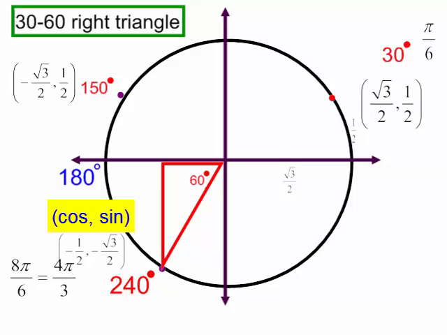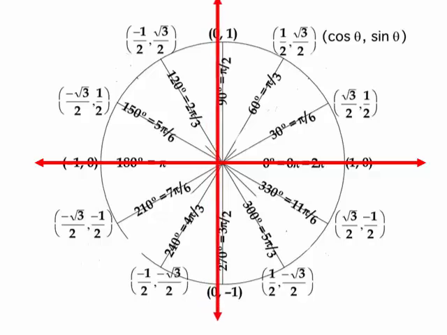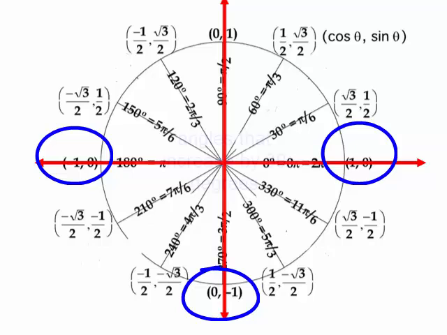240 degrees is also known as 4 pi over 3. These are my angles that increase by 30 degrees. Now, of course, all of the ordered pairs, or the cosine and sines that are on the x and the y-axis, they're all made up of 0, 1s, or -1s.